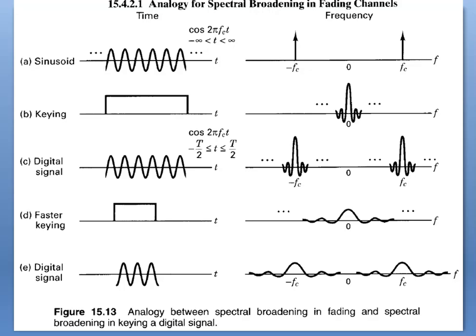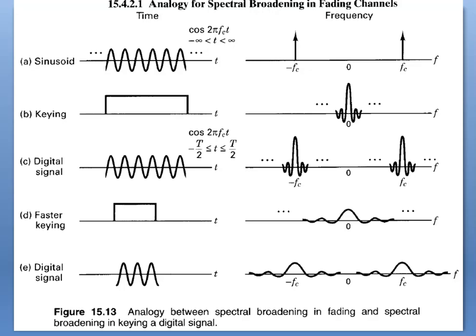The frequency description of these switching functions is a sinc function. Figure C results from the multiplication with a tone of cos 2 pi fc t, where the time duration is limited.